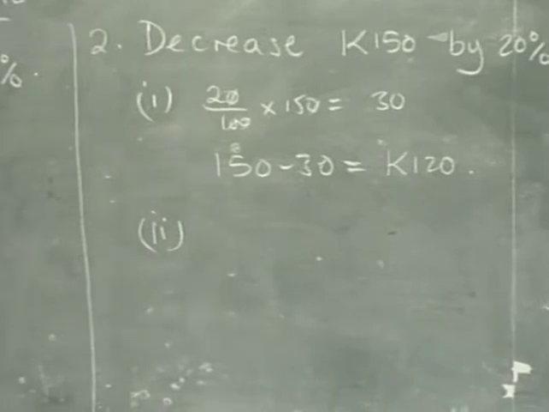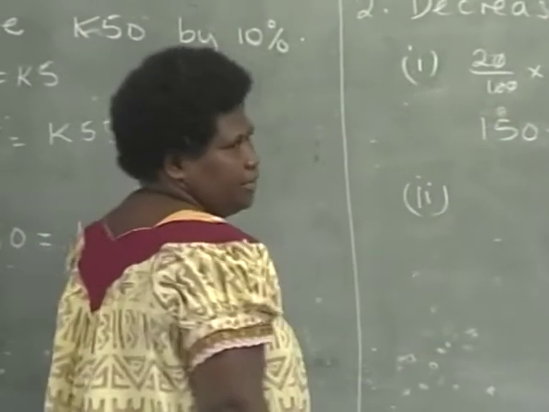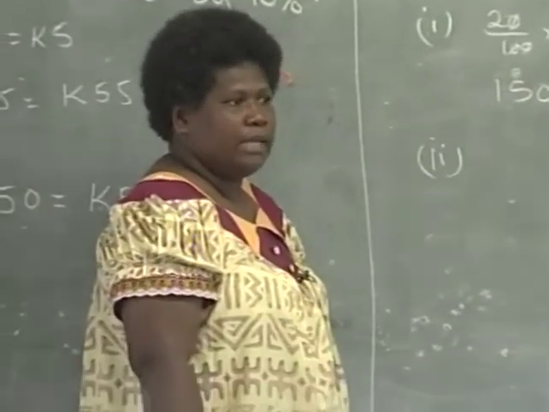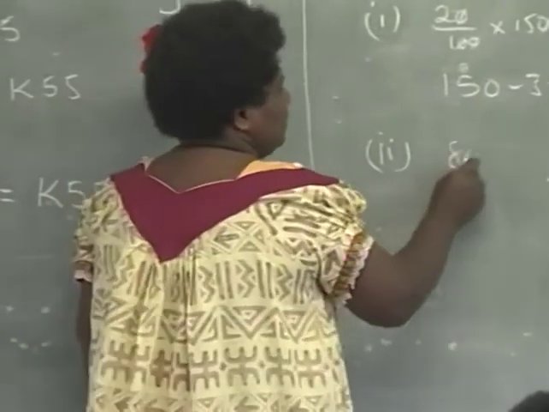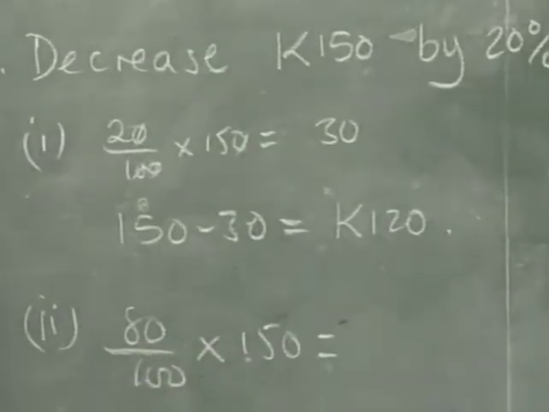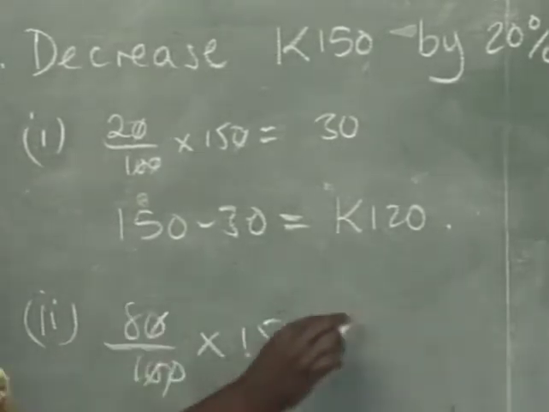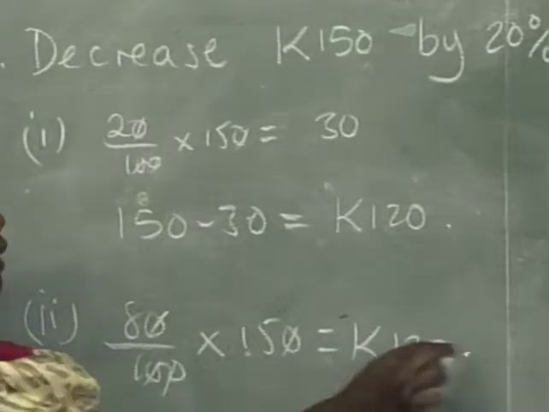Here, because you're increasing, you add 10 to 100. This time you decrease 100 by 20. So 20 from 100 is 80. So you get 80% of 150, which should give 120, I hope. Okay, yeah. So you get 120 kina.